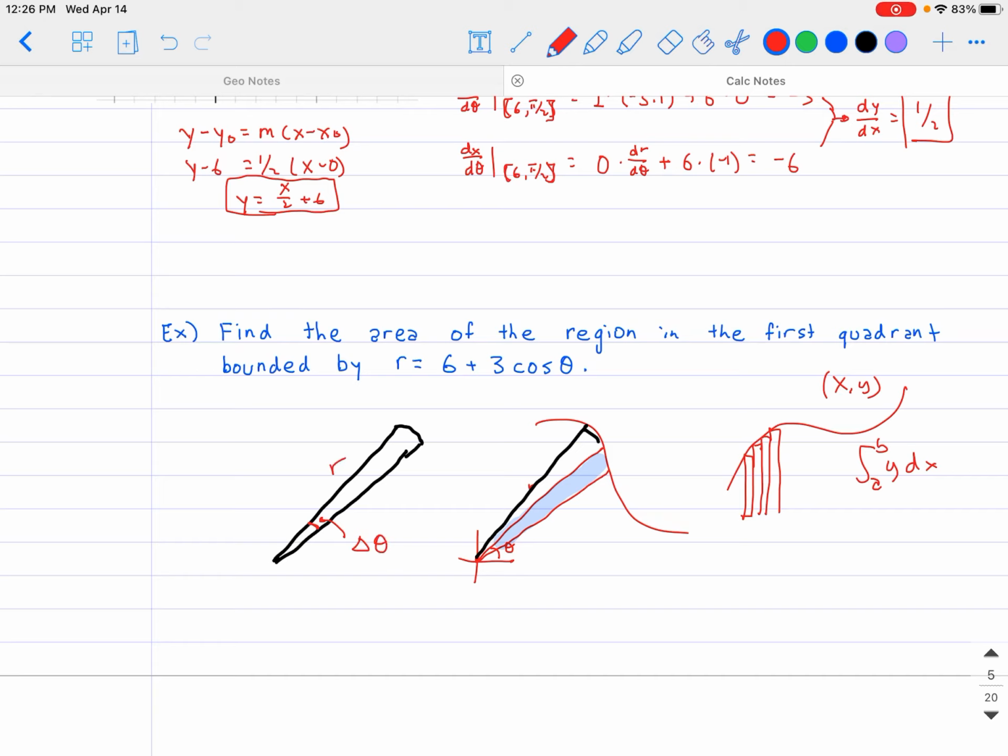The r value right there is going to be the radius. Now, the area of a wedge inside a circle, if you remember, is supposed to be 1/2 times pi r squared. And then if you want the area of a small little wedge, we're going to multiply by that wedge right there.